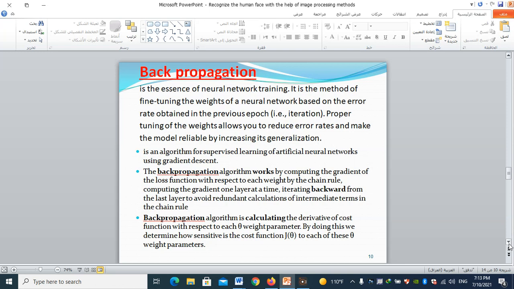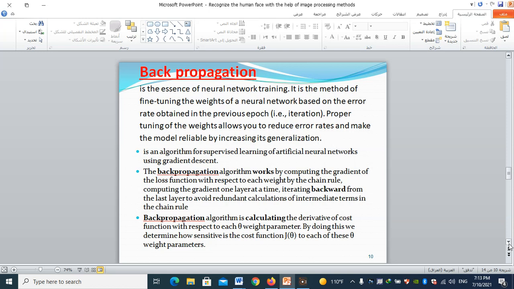Proper training of weights allows you to reduce the error rate and make the model reliable by increasing its generalization.